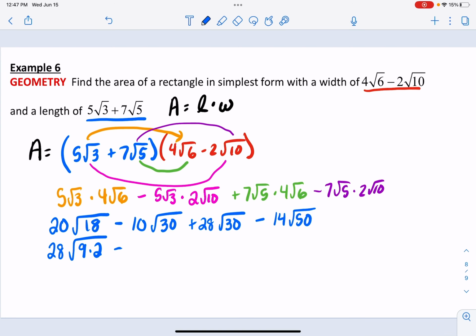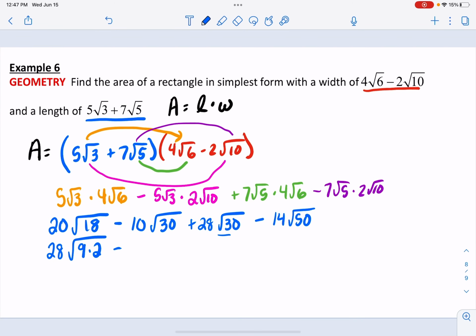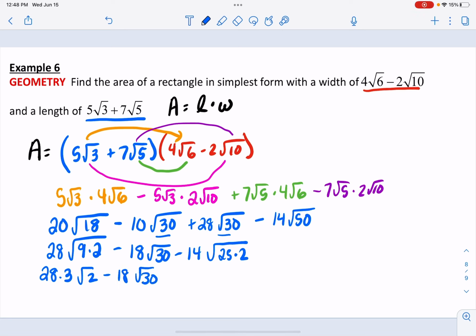No. But what I can do is I can combine these 2 root 30 terms to get me an 18 root 30. 50 can become a 25 times a 2. 9 can come out and become a 3 out front. 25 can become a 5 out front.